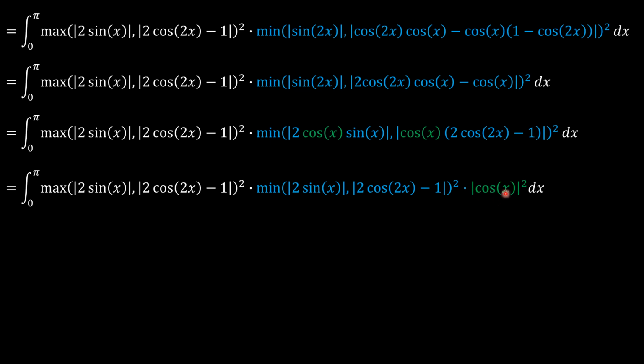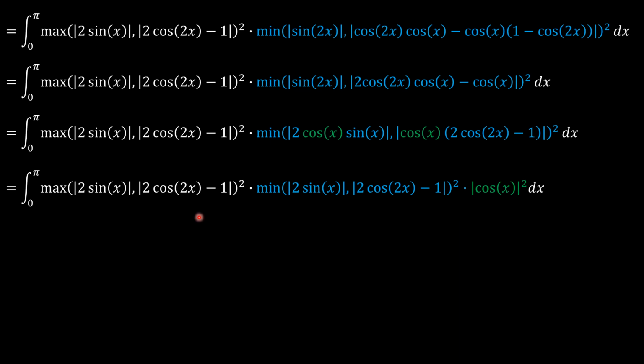We've pulled out that factor, which is cosine x absolute, right? And there's a square. And so now we're looking at what is the minimum between 2 sine x and 2 cosine x minus 1. And you see that whatever is inside this maximum and minimum factor, they're all the same. They look the same.